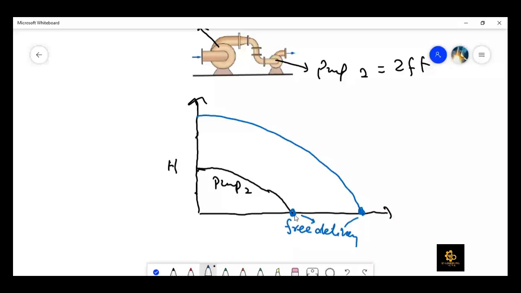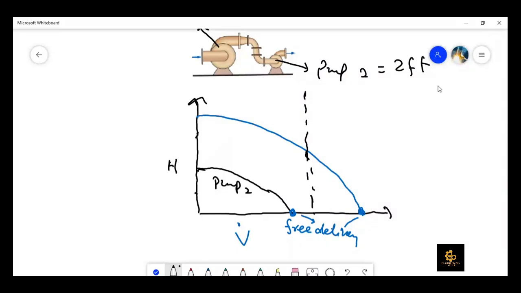What is the free delivery point? We have volume flow rate on the x-axis. If the volume flow rate through the system is somewhere here, at this vertical dotted line, it means that pump two is working beyond its free delivery point. So it means that it is not going to give us this 2 feet, right?